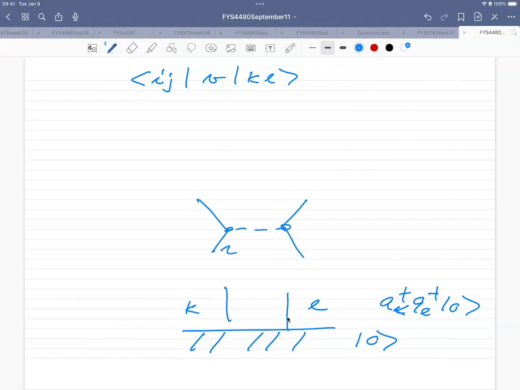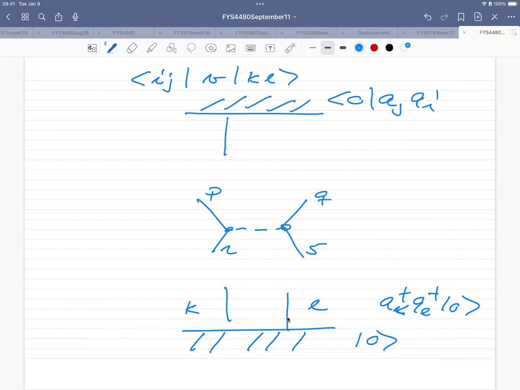So then we have R and S, P and Q. And finally, this returns to the state here, which is AJAI. You could just draw it like this. And we put labels I and J here. And what we do now is simply just to draw pictures, right? So we take and perform those contractions. We can do that contraction, and then we can do that one, and we can do this one.